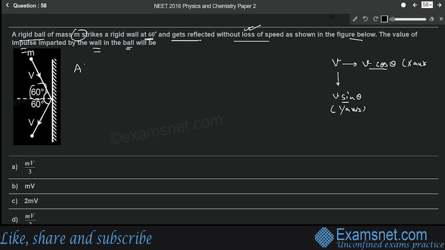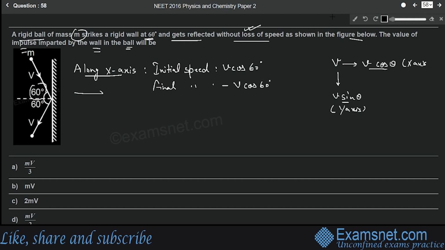So along the x axis, the initial speed is v cos 60 degrees, and the final speed will be minus v cos 60 degrees, okay, because the direction will be just opposite. This is the initial direction and this is the final direction, okay.